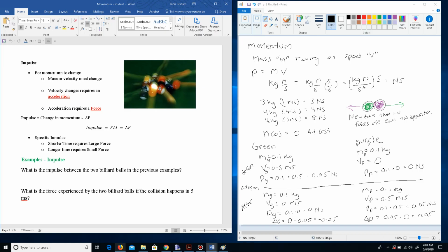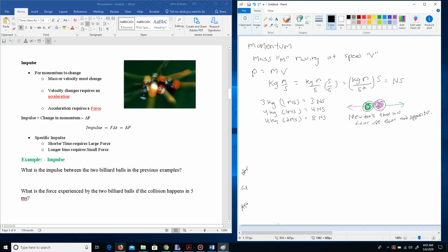And so, based on Newton's third law, if that force is equal and opposite, then let me get myself some space here. The green ball has a momentum of negative 0.05, equals some force times some time of collision.